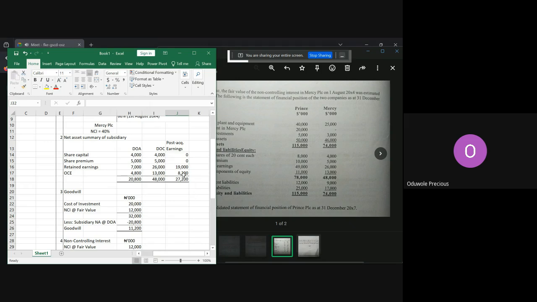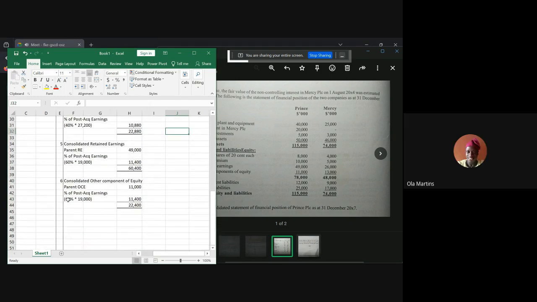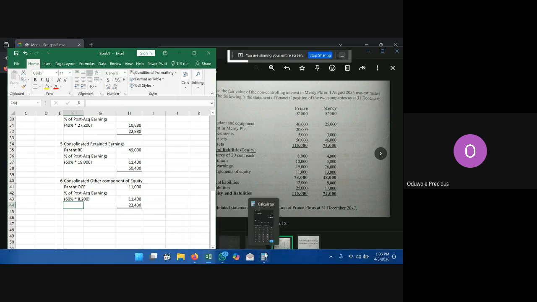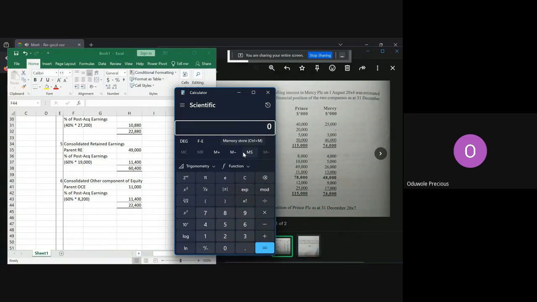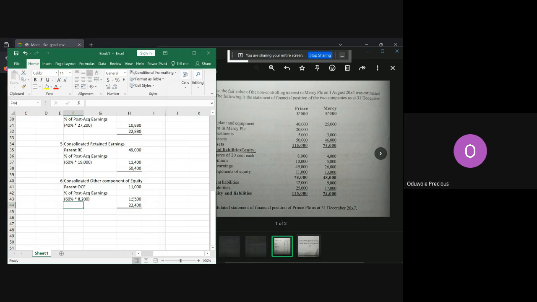Of the remaining figure, which is 82. So 60% of 82 will give us 4,920.